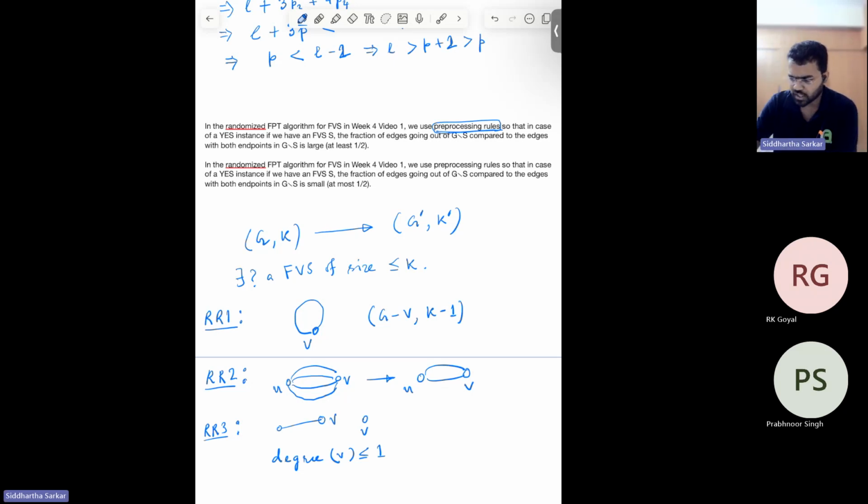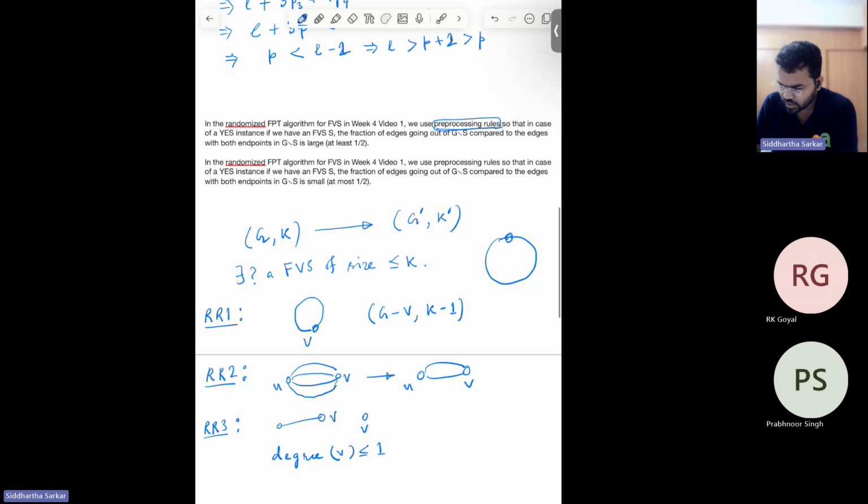For a vertex to be in a cycle, it must have degree 2 or more. So you can simply forget about it and delete this vertex. That is my deduction: G minus V. But the budget will not change, because you're not taking this vertex as part of your feedback vertex set. The budget remains the same.